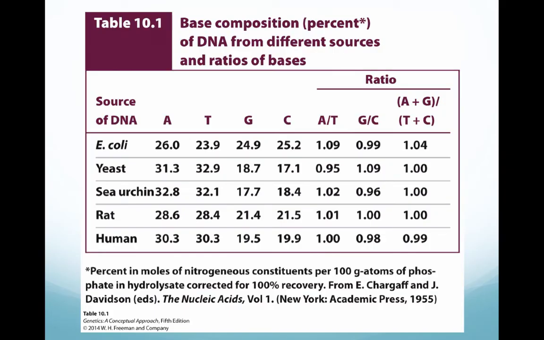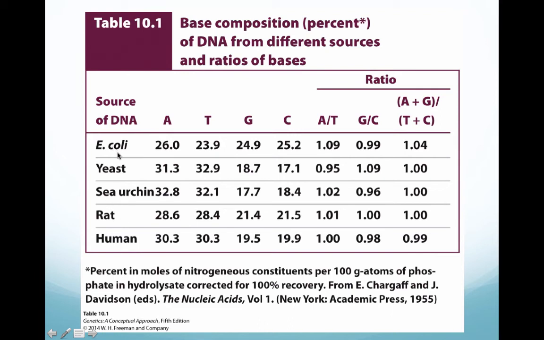All right, so one of the earlier studies in the 1940s and 50s was conducted by Erwin Chargaff, and he looked at 5 different organisms and the total amount of adenine, thymine, guanine, and cytosine contained in these organisms.